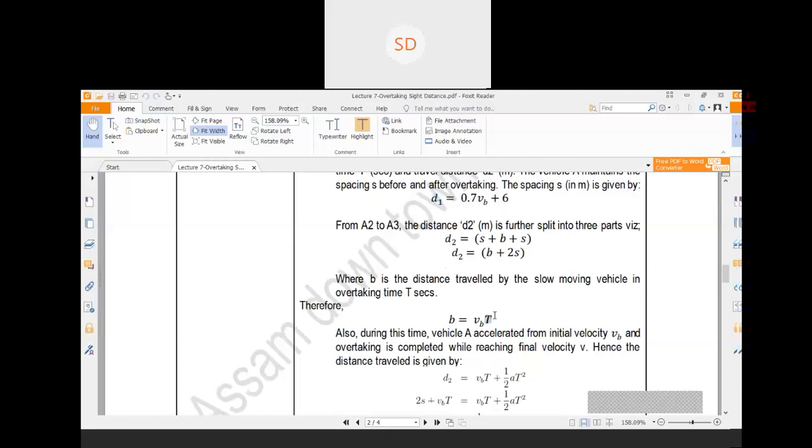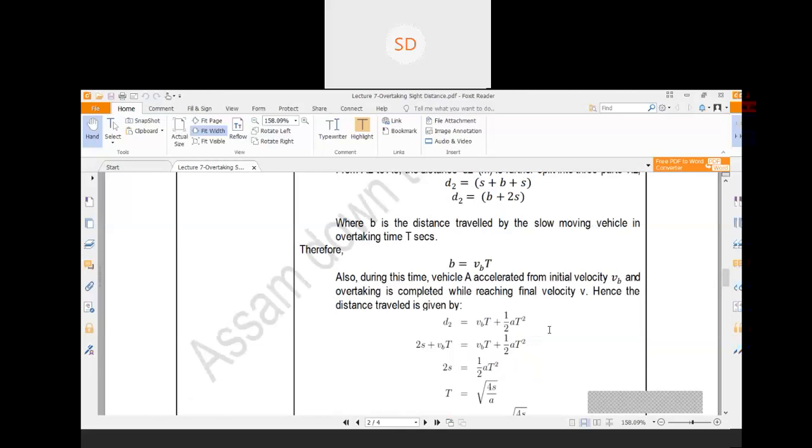Now you do not know what is T. So what is the next course of action? You need to find out what is this T second. As we have already discussed, during the T second time, the position of the vehicle A will change from position A2 to position A3.